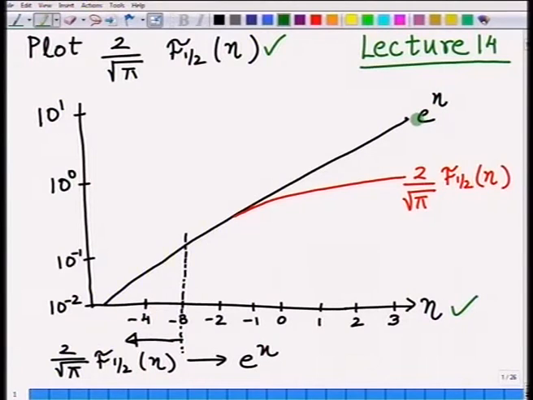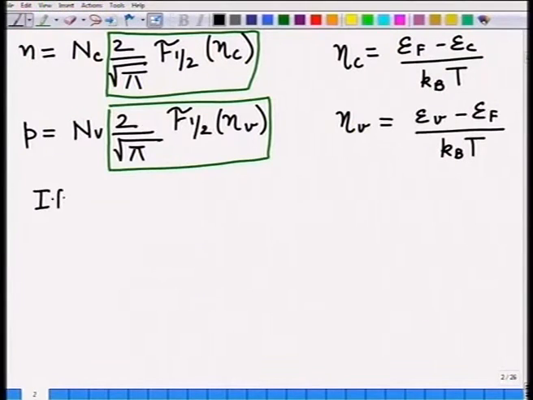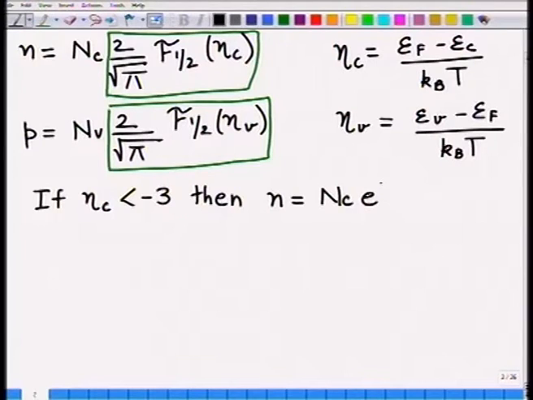In that case, how would you approximate n? What are we saying? That if eta c is less than minus 3, then I can replace this integral right here by e to the power eta c.